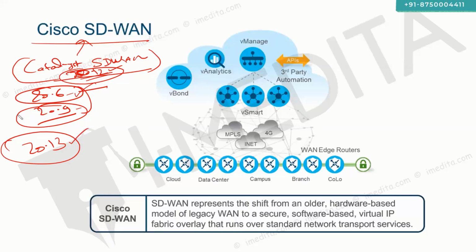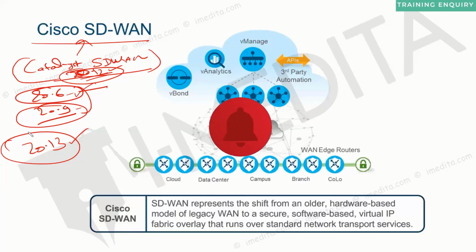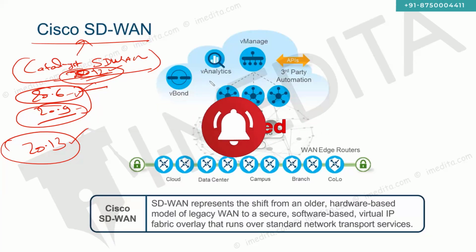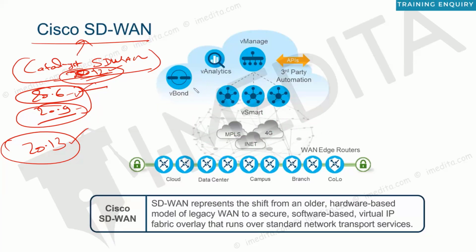So Cisco is making changes to their software so quickly. We need to make sure that we are always up to date and aware of what's changing. That is one of the important things I would recommend: you should keep visiting the Cisco website and checking what new things they have launched, maybe a new version or whatever.